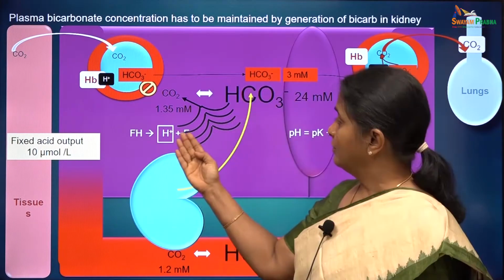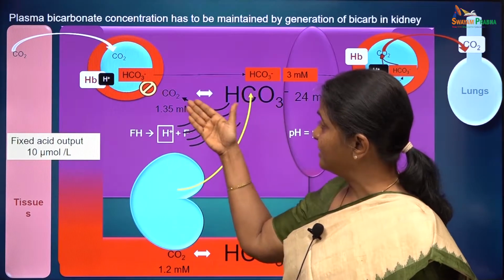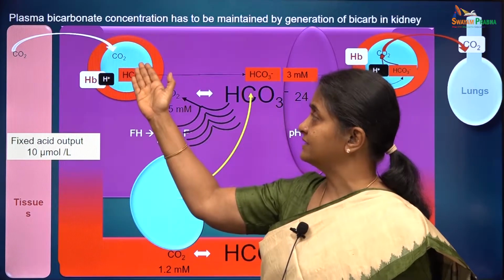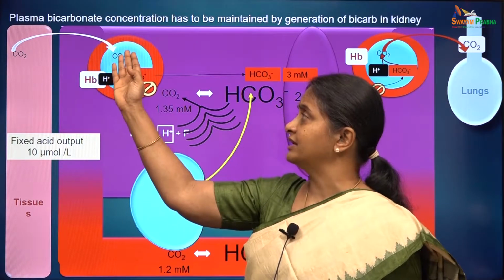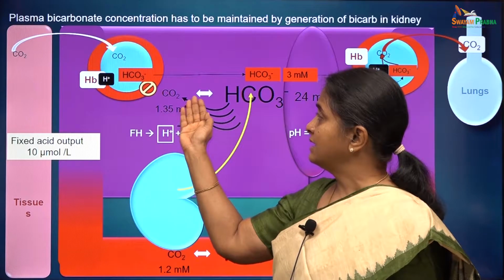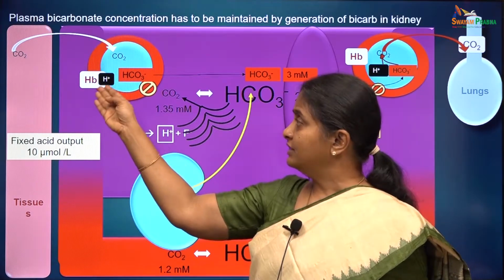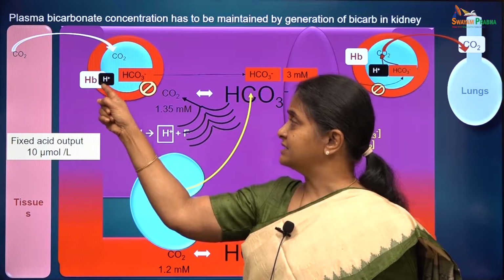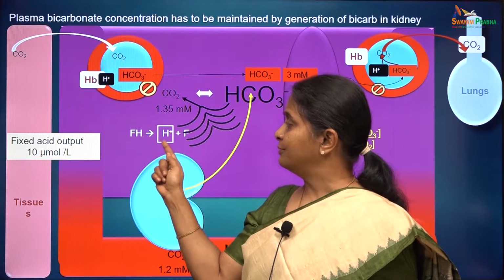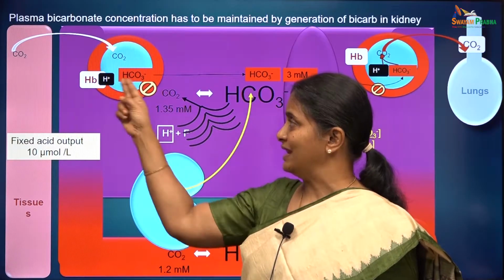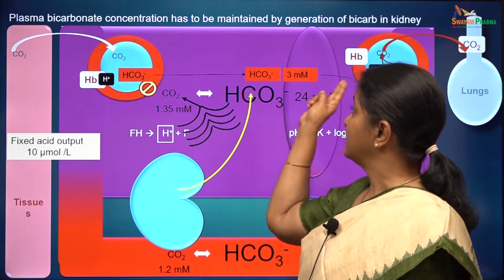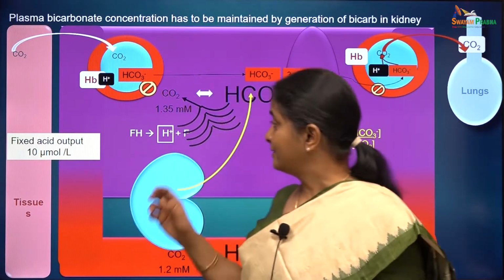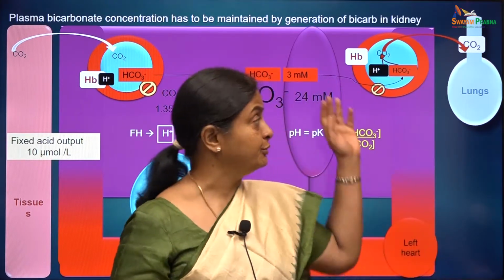You would notice that the fixed acid protons react with bicarbonate and form carbon dioxide, and that carbon dioxide is handled by the red blood cells just like it handles the metabolically generated carbon dioxide. And therefore, hemoglobin has the additional role of buffering the acidity of the protons coming from fixed acids as well, as long as blood reaches the organ of excretion, where this carbon dioxide is also blown out.